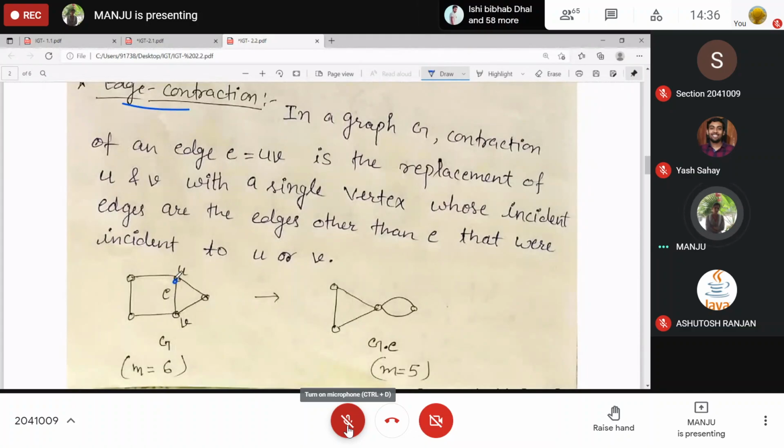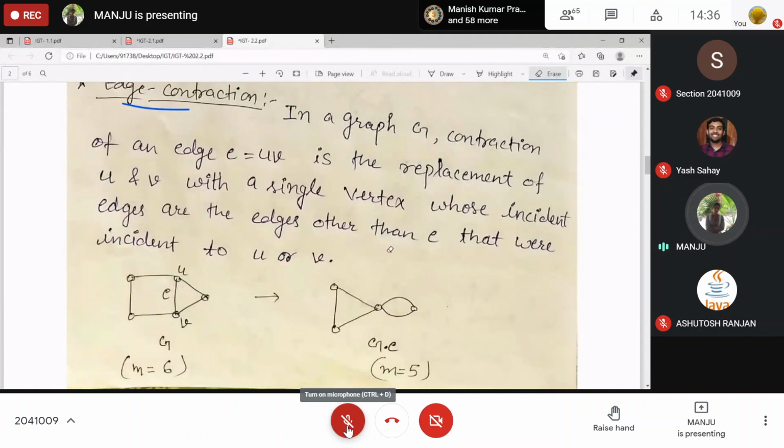For example, if you contract this edge, it shrinks to a point. Earlier, these two edges were adjacent to two different vertices; now it's one vertex only, so both edges are incident with the same vertex, and these two form multiple edges.